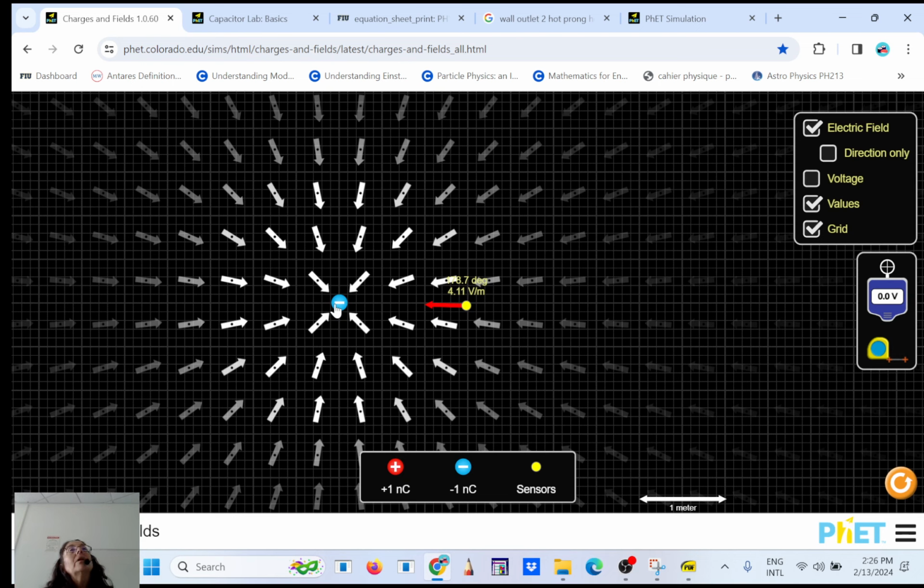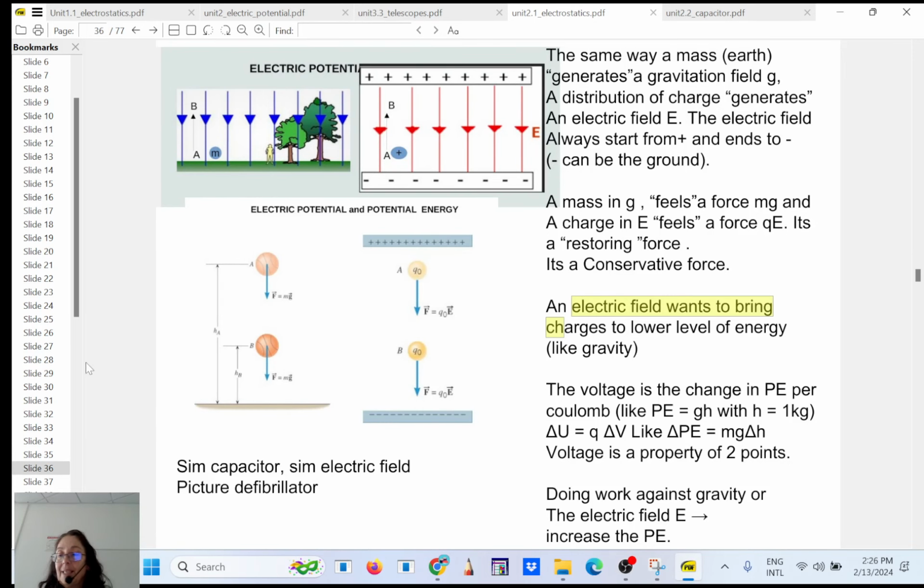If you have a positive charge, it doesn't work the same way because we do not have anti-gravity except for dark energy, but that's another story. But you have two types of charge, negative and positive. Negative, the electric field goes in. Positive, the electric field goes out. For gravity, we have only one type of gravity. It's always in, always attracting. Is that clear? Yup. He says yup, so everything is good.